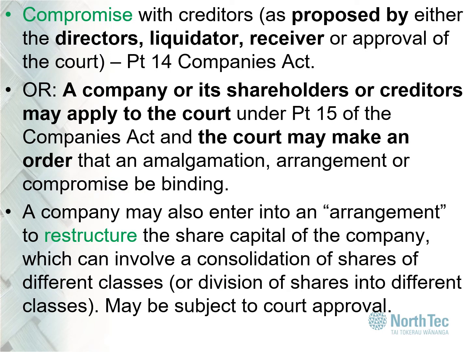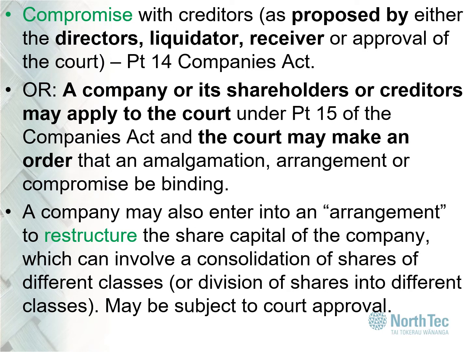A compromise with creditors may follow, as proposed by either the directors or by the liquidator or the receiver, subject to approval of the court. And you can read about that in Part 14 of the Companies Act. Or a company or its shareholders or creditors may apply to the court under Part 15 of the Companies Act, and the court may make an order that an amalgamation arrangement or compromise be binding.